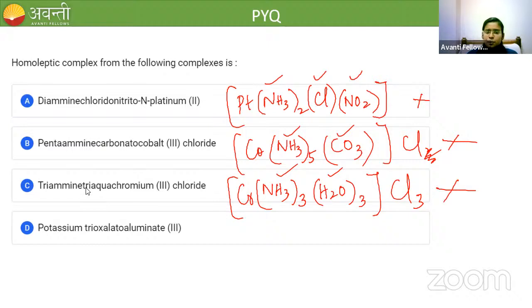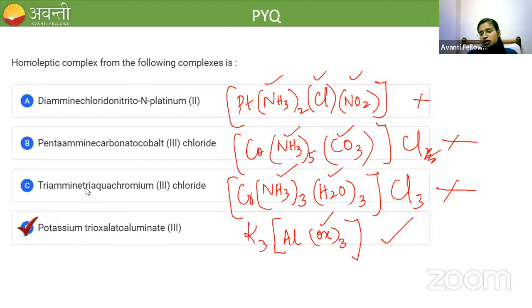Next, potassium trioxalato aluminate. Potassium is the cation. Trioxalato aluminate 3. So here there will be 3. Okay. So here I have only one type of ligand, which is an oxalate ligand. So it is a homoleptic complex. So option D is the correct answer.